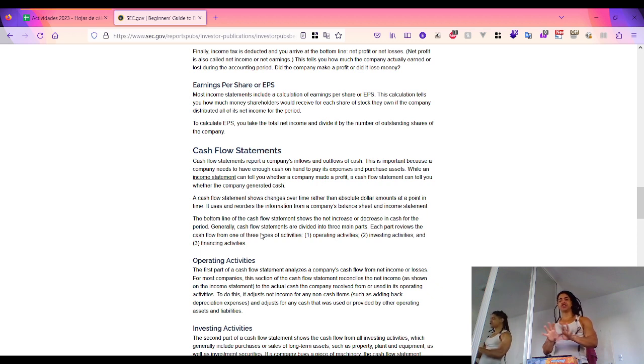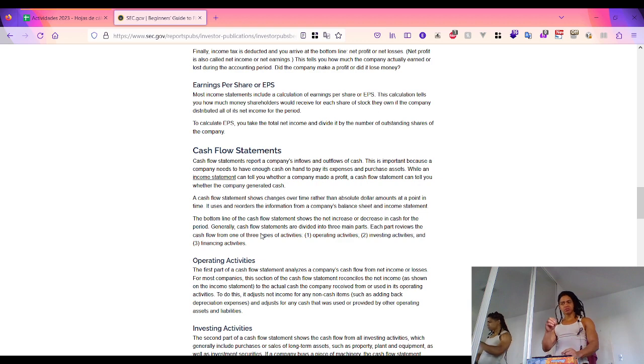This is generally made of 3 parts, and each part reviews the cash flow from one of the main 3 business activities according to Investopedia: operating activities, investing activities, and financing activities.